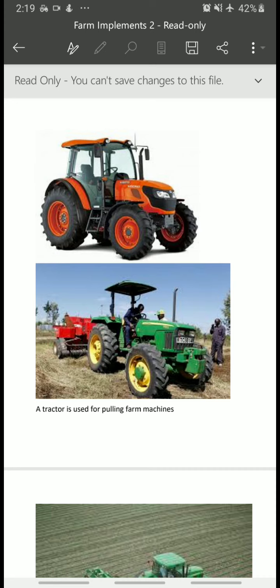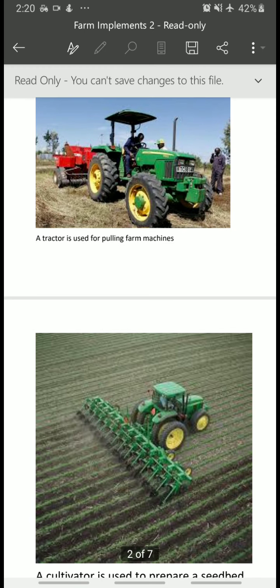What do you use a tractor for? You use a tractor to pull other machines on the farm. Can you see the tractor has its tire? It's the one that is used to pull most of the other farm implements.